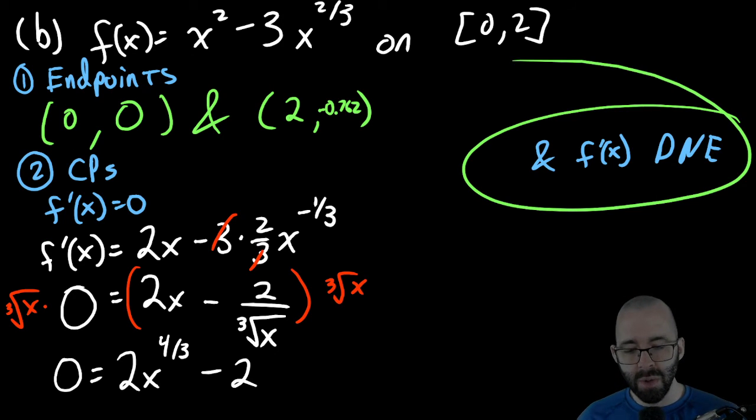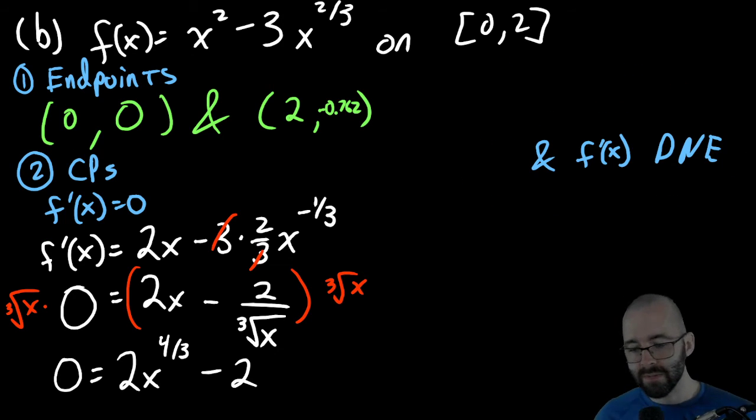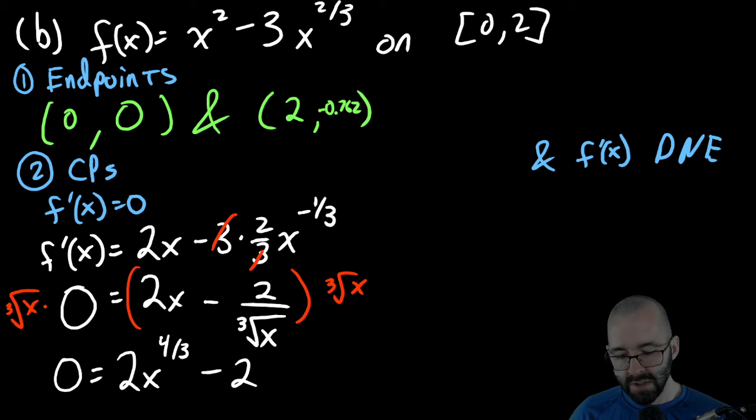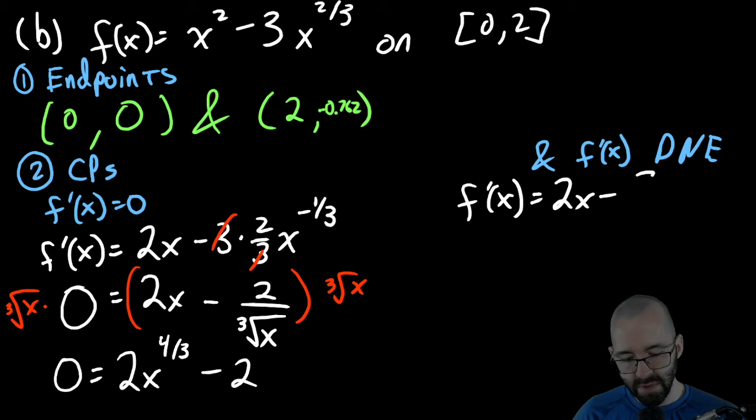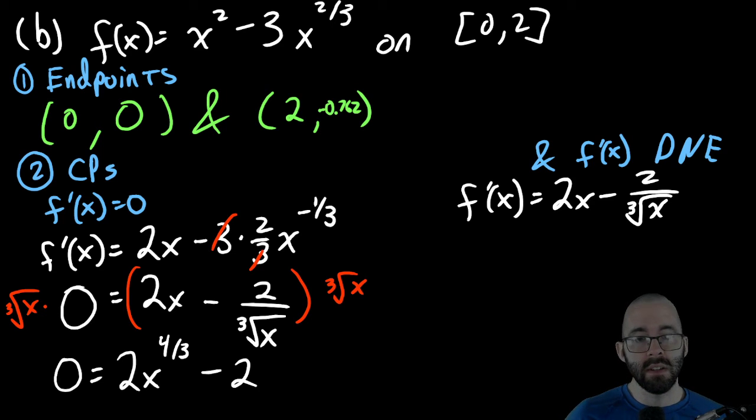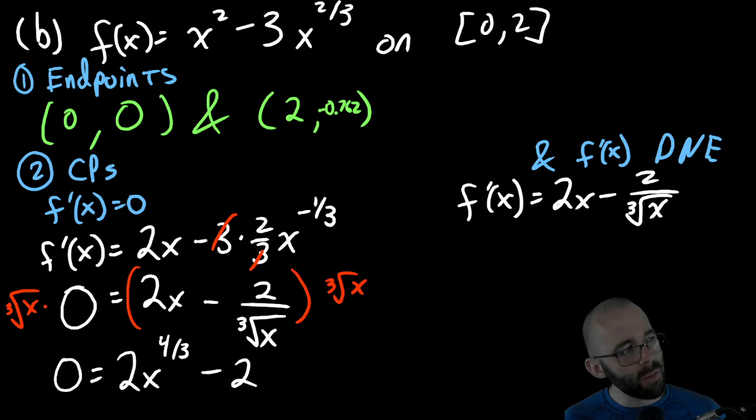We also have to look at when does this derivative not exist. So let's look at this derivative. F prime of x equals 2x minus 2 over the cubed root of x. Where does this derivative not exist? And you might say, oh, we can't take the square root of a negative number. And that's true. Square root of a negative number is imaginary.